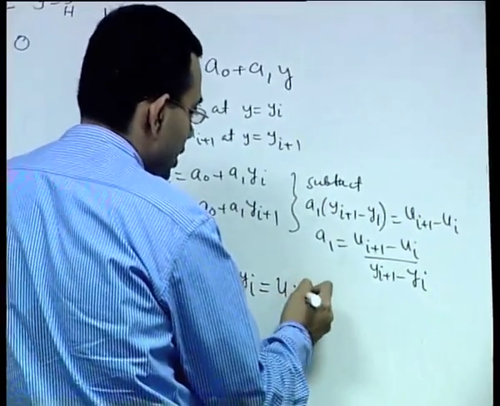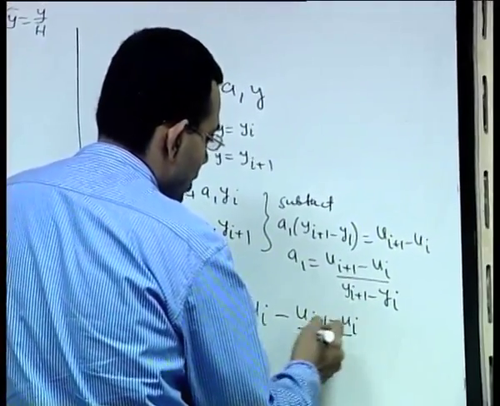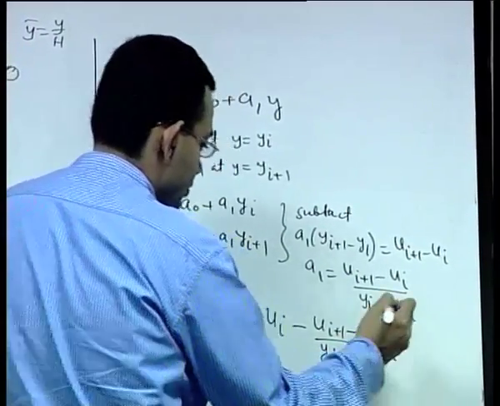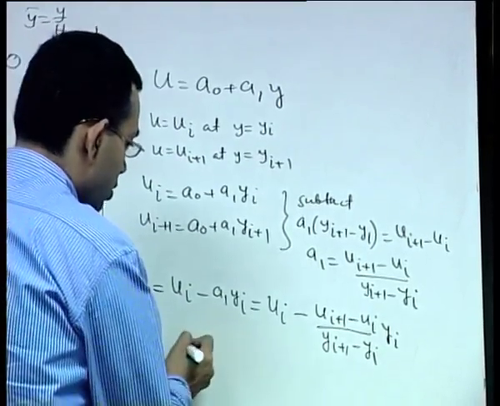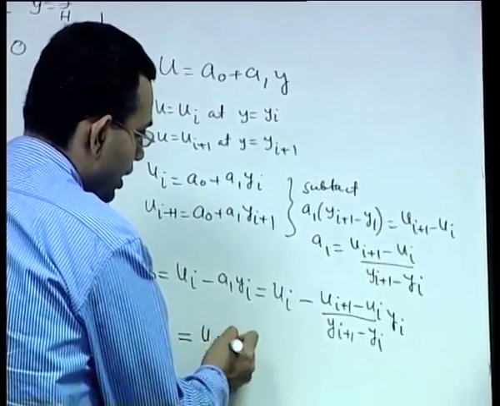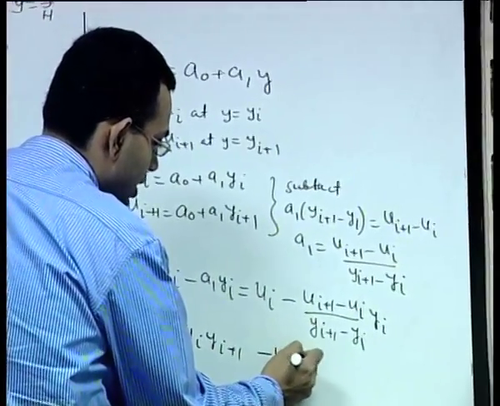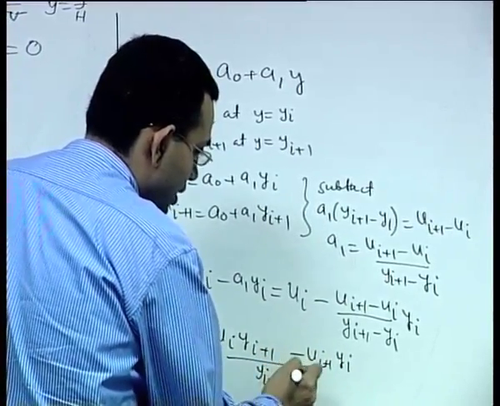So, ui minus (ui plus 1 minus ui) by (yi plus 1 minus yi) into yi. So, it is (ui yi plus 1 minus ui plus 1 yi) by (yi plus 1 minus yi).